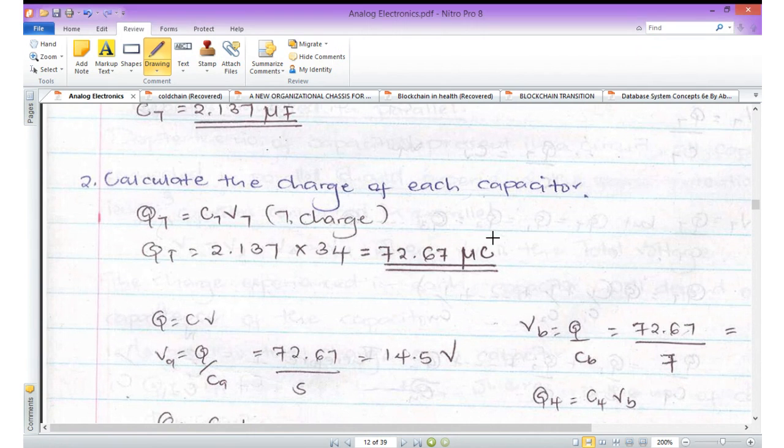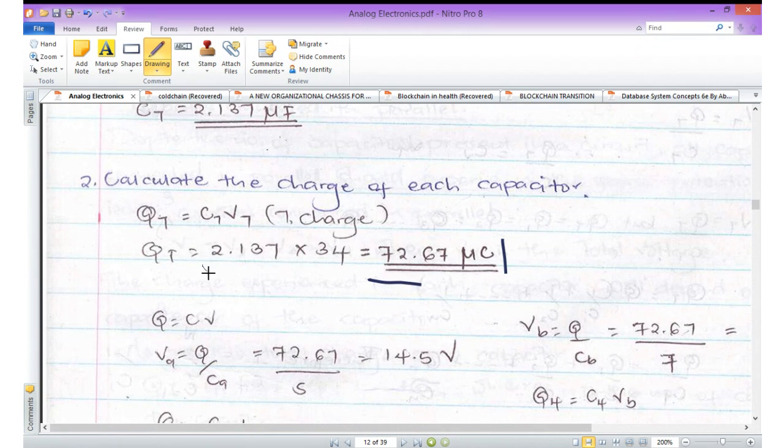So 72 coulombs should represent the original charge of the whole circuit, or rather we can as well say capacitor 1, because it will experience the whole charge of the circuit. So in other words, 72.67 is the whole charge of the whole circuit.